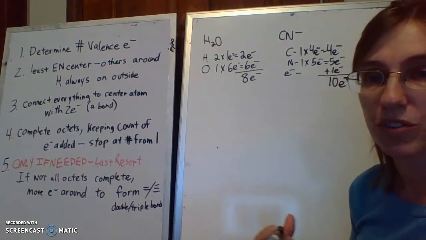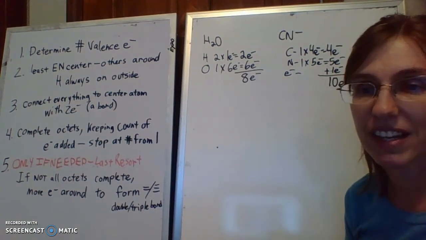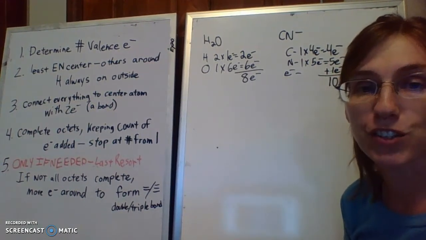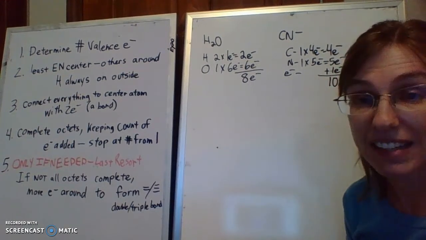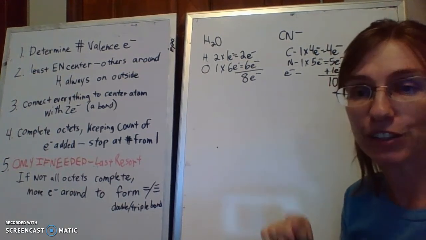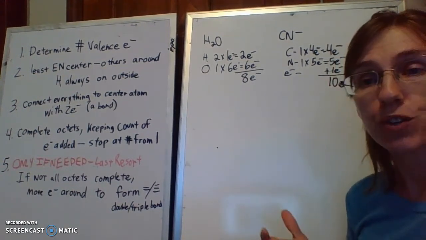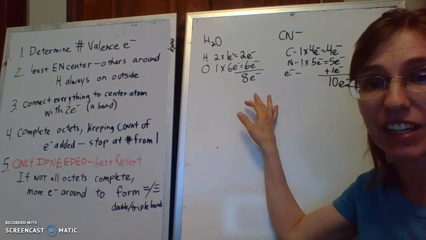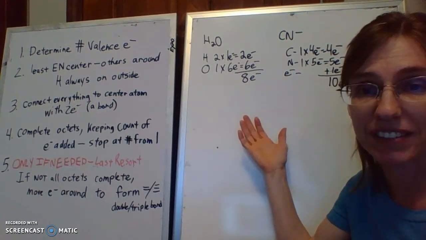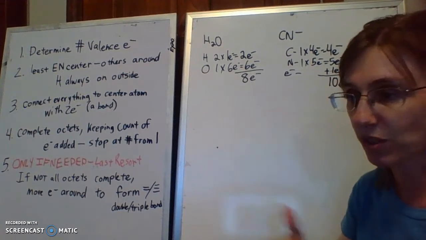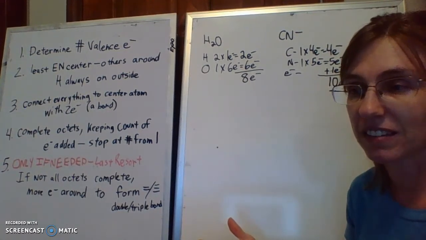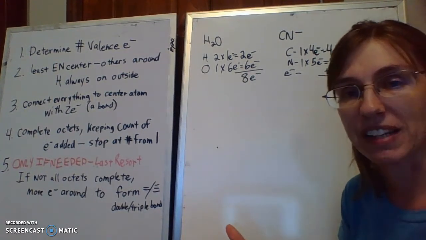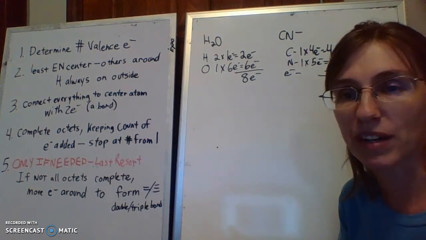So anytime you're trying to do a Lewis dot structure of anything, the first thing is to determine how many valence electrons. That's how many dots you're going to put in the Lewis dot structure. If you don't have the number of valence electrons added up at the beginning, you don't know how many dots to put in there. I've had students do Lewis dot structures, and they're having problems, and I go up and ask them, well, how many dots are you trying to put in?